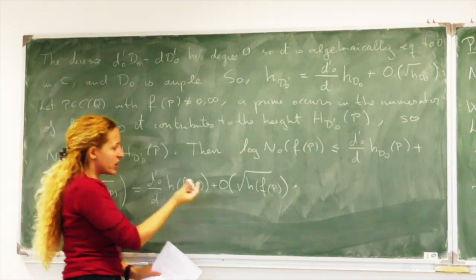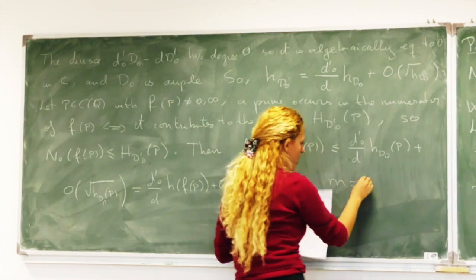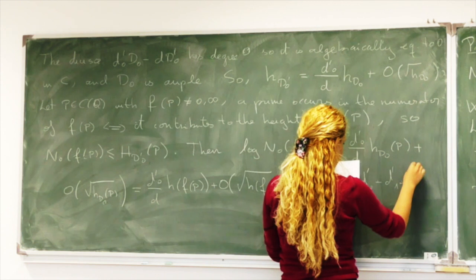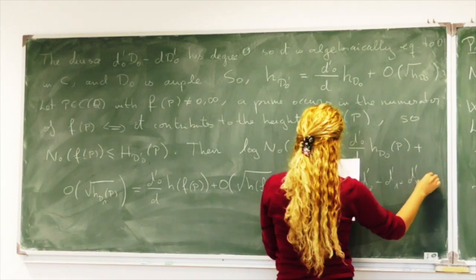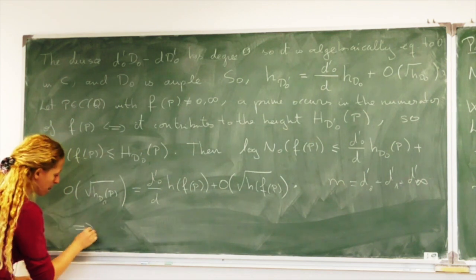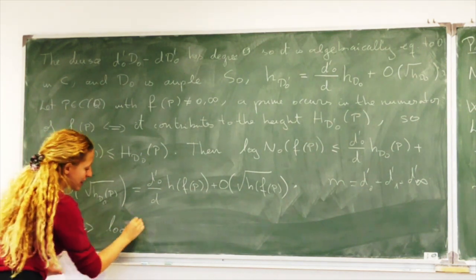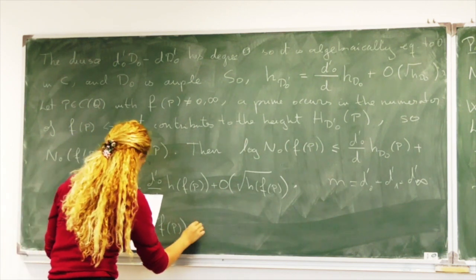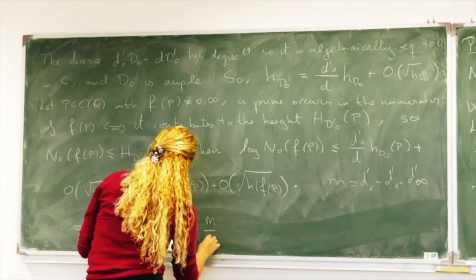But now recall that we had that m was equal to this thing. Right? So if I use this, then we get that the logarithm of n of fp is less or equal than this.